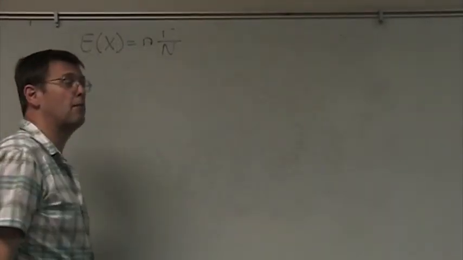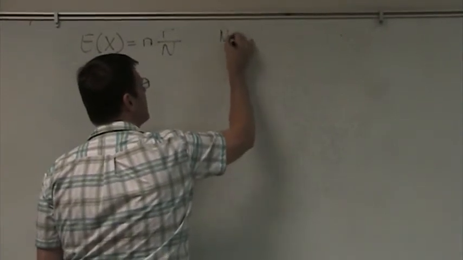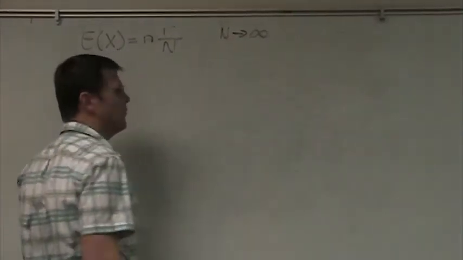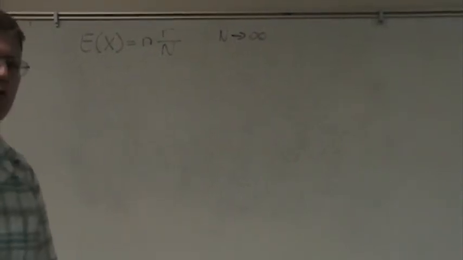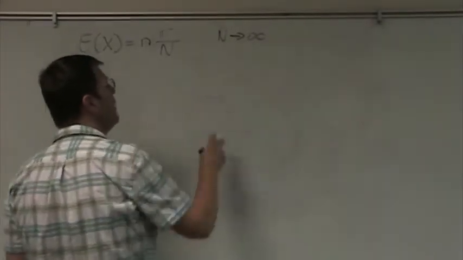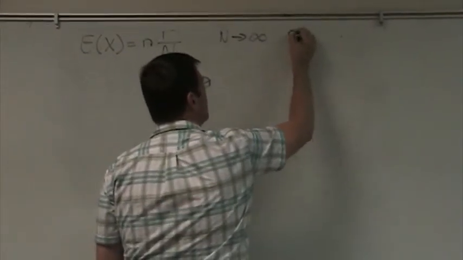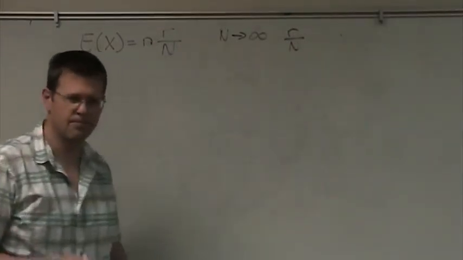What we're going to do, as far as this problem is concerned, is we're going to let capital N go to infinity. Okay, we're not talking about a truly infinite population, but just one that's huge, relatively. But we're also going to let r over N stay constant.